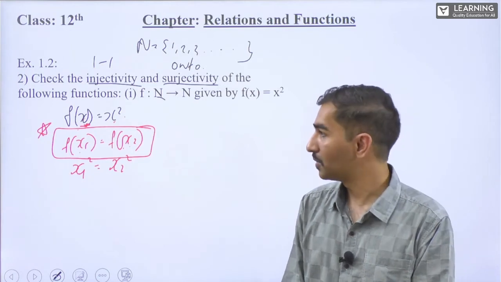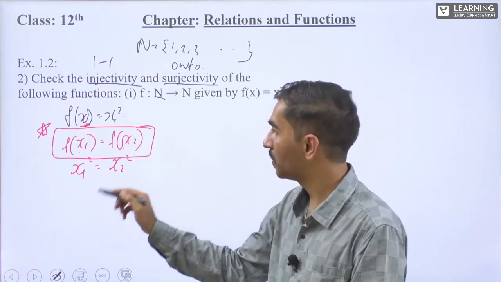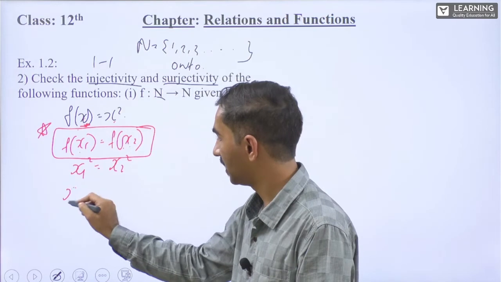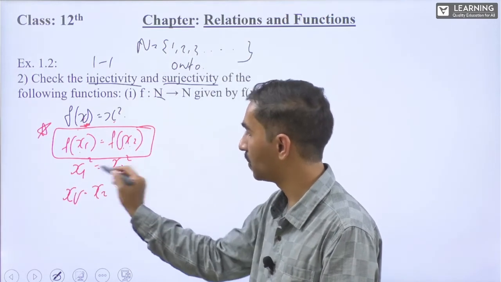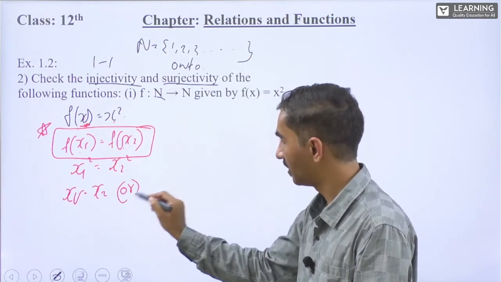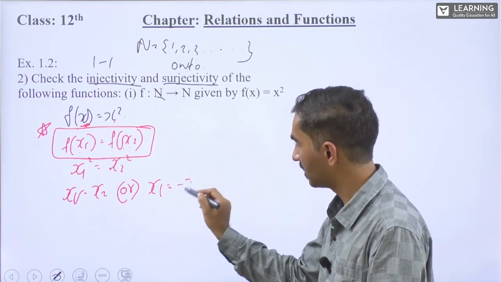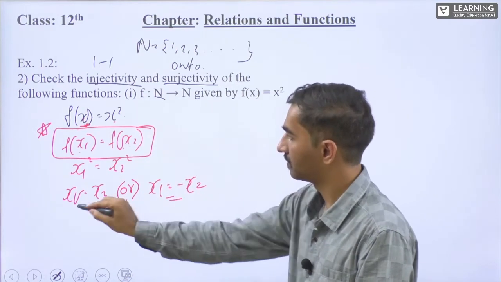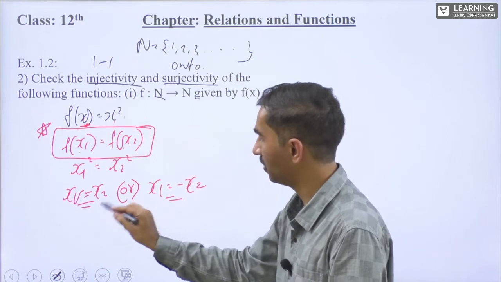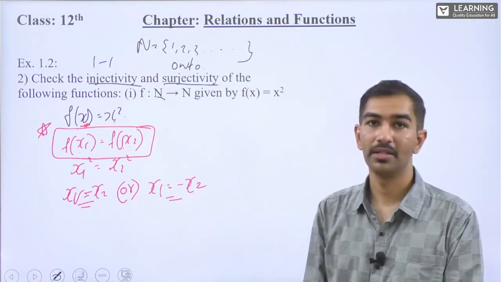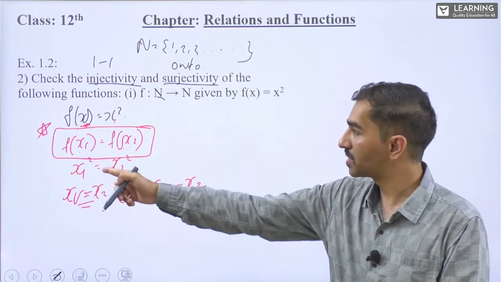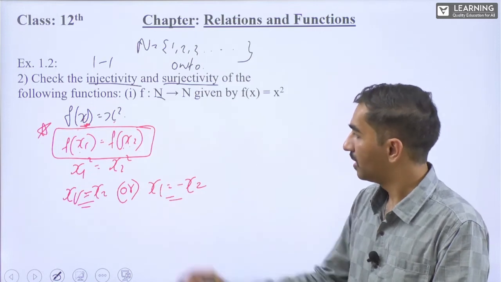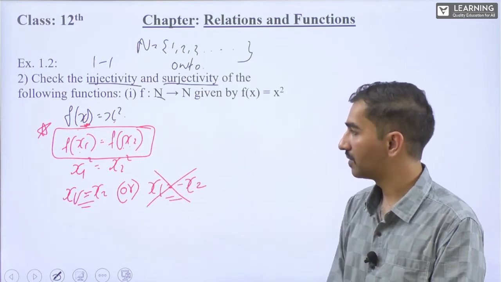So here we are getting x1 square is equal to x2 square. Below this again we can write x1 equals x2 if you take square root on both sides, or x1 is equal to minus x2 as well. Correct? Now this is discarded. Why is this discarded?